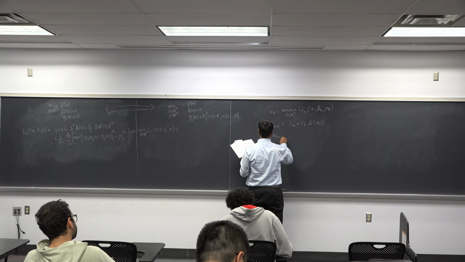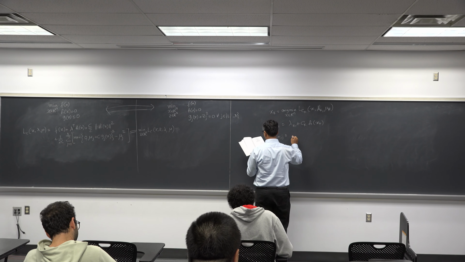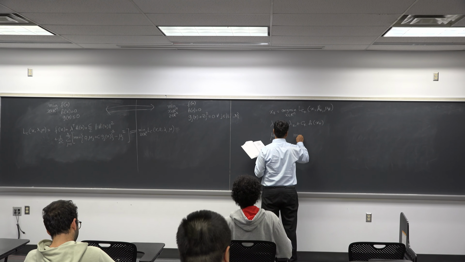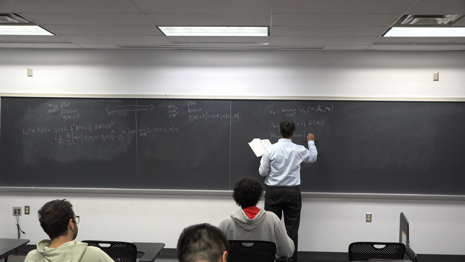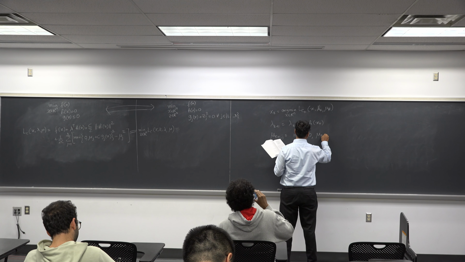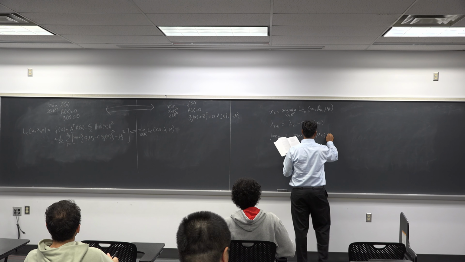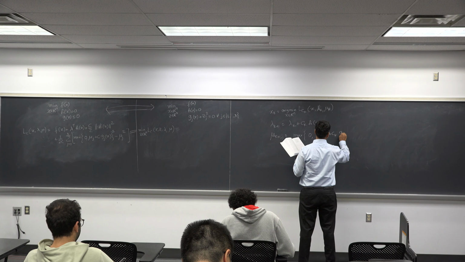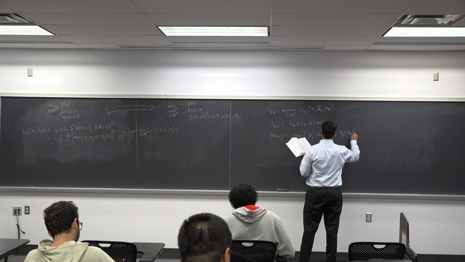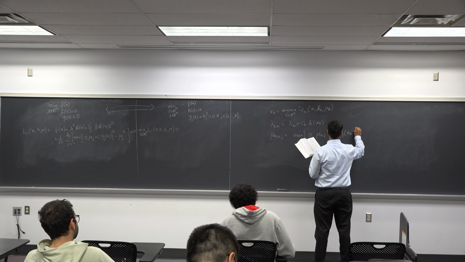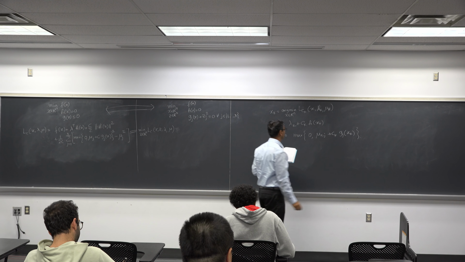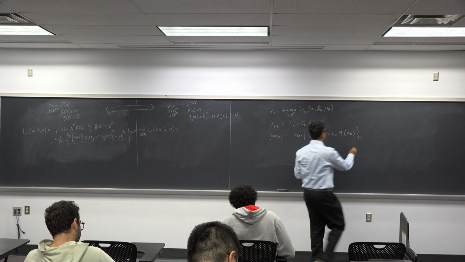Mu_{k+1,j} equals max of 0, mu_{k,j} plus c_k g_j of x_k, for all j.